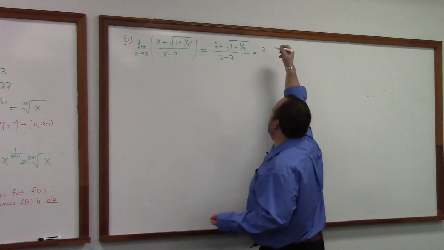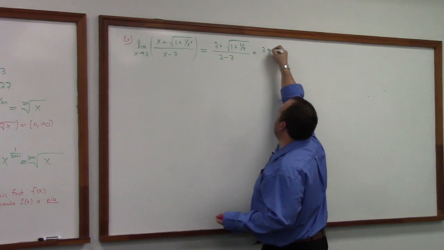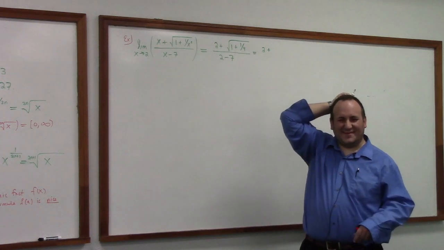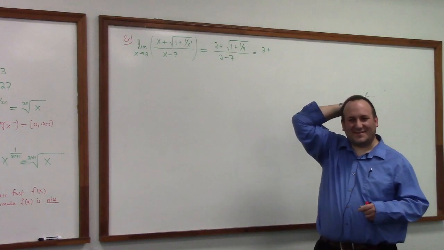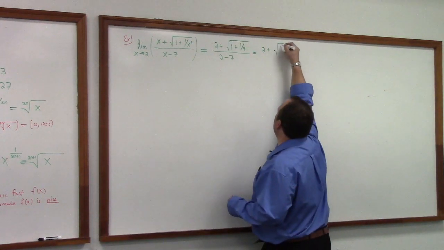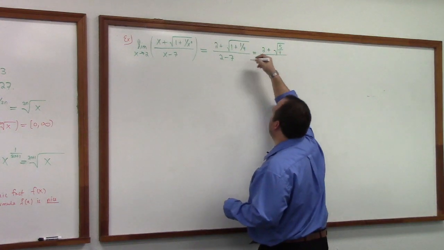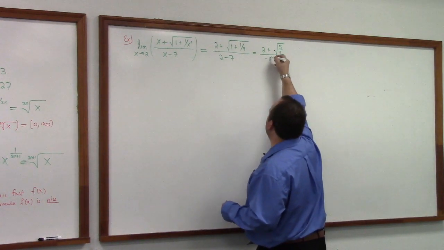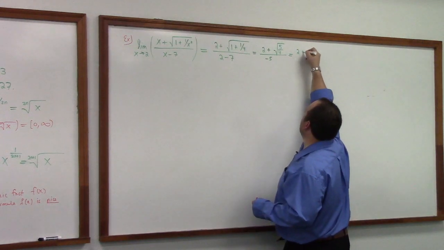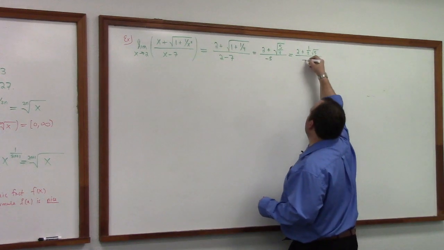What's 1 plus 1/4? It's 5/4. What's the square root of 5/4? Square root of 5 over 2. And 2 minus 7 is minus 5, right? So, in fact, we could write this as 2 plus 1/2 square root of 5, over minus 5.